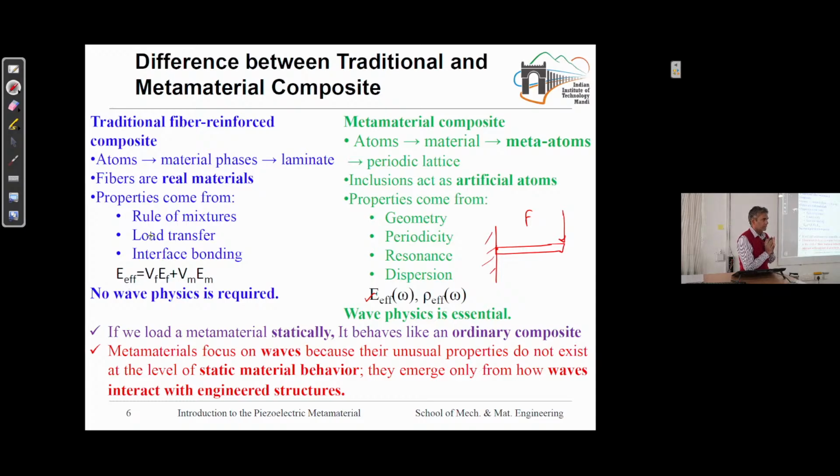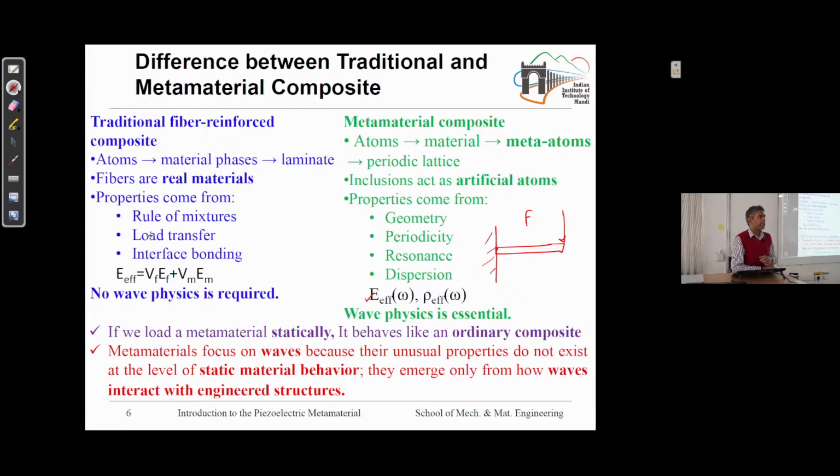As I told in the beginning, the density cannot be 0 and the Poisson ratio cannot be 0. However, they can be 0, even negative, if your structure is vibrating.